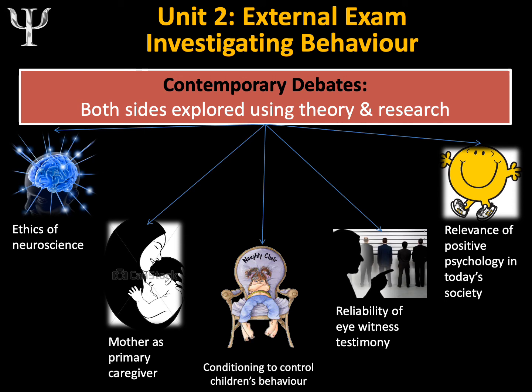And we work through every single approach in psychology, basically investigating it. What is useful about this research? What benefits has it brought to society? But also what negatives at the same time.